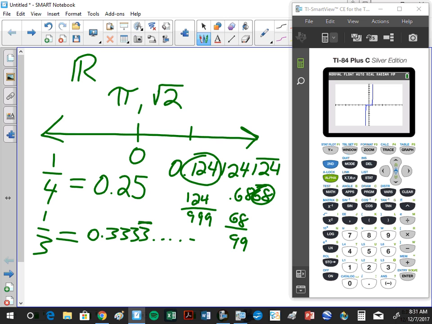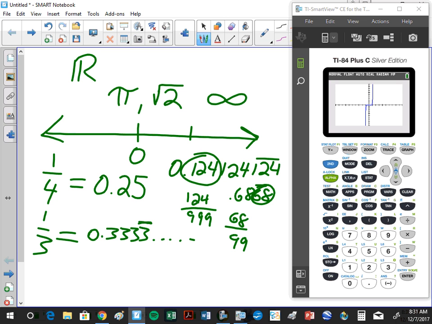But there are some numbers that are not on the real number line. The ones that you already know of are infinity and negative infinity. There is some argument about whether or not infinity is actually a number. But if it is a number, it's not on the number line. In order to be a real number, you need to be able to point to a spot on the line and say, that's where it is.